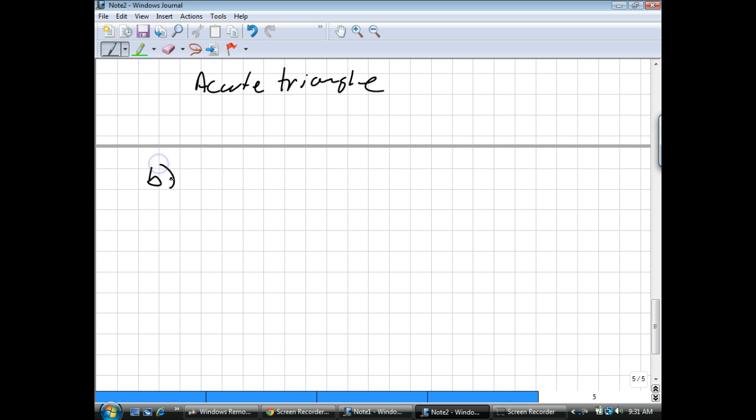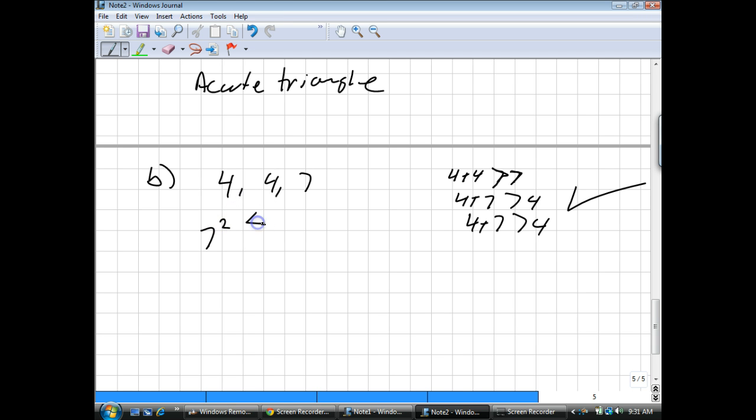Okay. B. Let's say I have 4, 4, and 7. So again, first check to make sure it makes a triangle. So 4 plus 4 is greater than 7. 4 plus 7 is greater than 4. And again, 4 plus 7 is greater than 4. Okay, so it checks. It does make a triangle, and so then we take the longest side and we say, is that less than, greater than, or equal to 4 squared plus 4 squared?